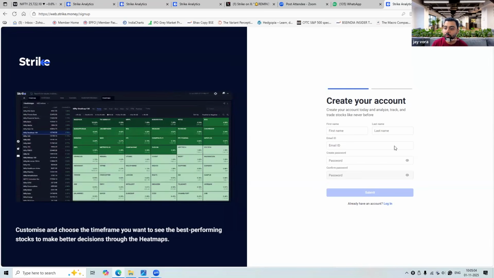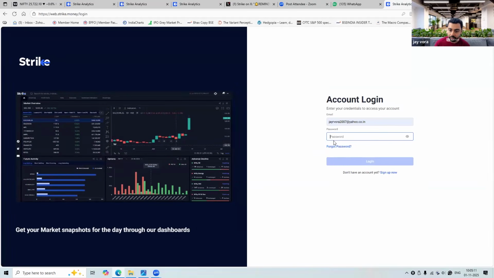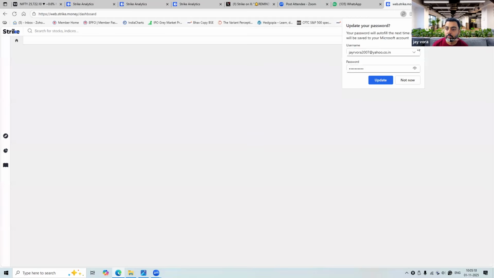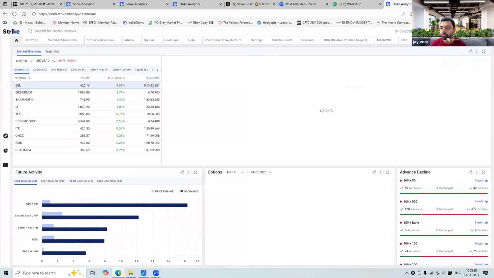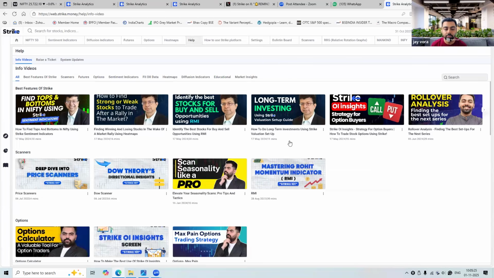And there are many focus strategies that we have also discussed, which you will be able to see in the help section. So let me just quickly show you that. In the help section, there are some focus strategies that we have shared, which we feel are good setups and they work pretty well from a medium to long term perspective. In fact, there are many short term setups as well that have been discussed in Strike OI Insights.